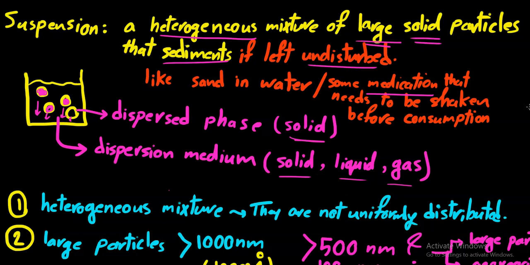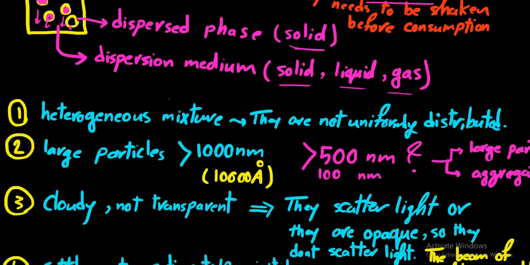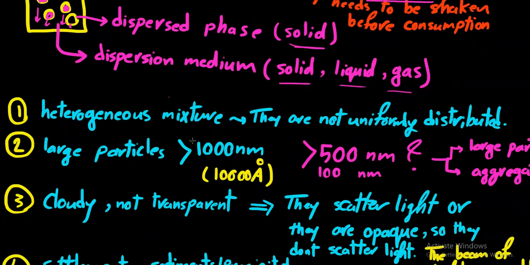So the characteristics or properties of suspension. Suspensions are heterogeneous mixtures, so they are not uniformly distributed throughout the container, and they've got very large particles. And when we say very large particles, different references provide different size criteria.